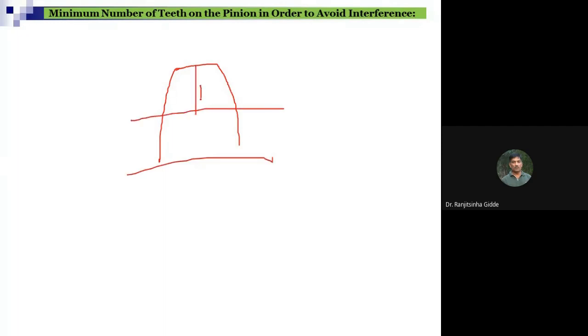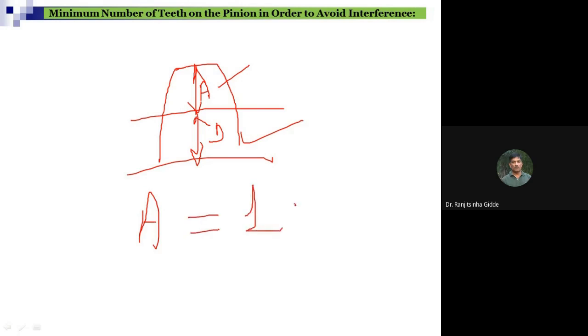This is addendum and this one is addendum. So this addendum is equal to one module. It is in terms of module. This one is the standard.